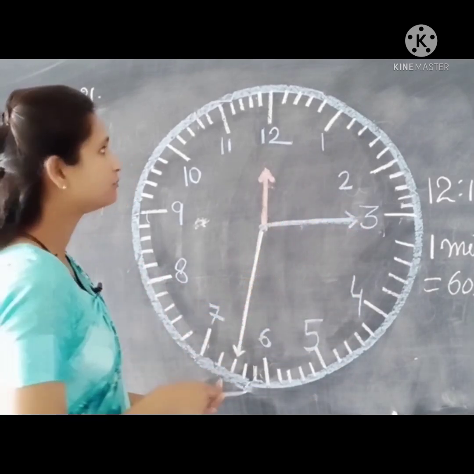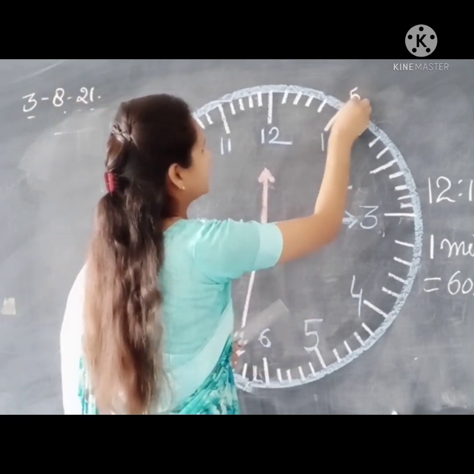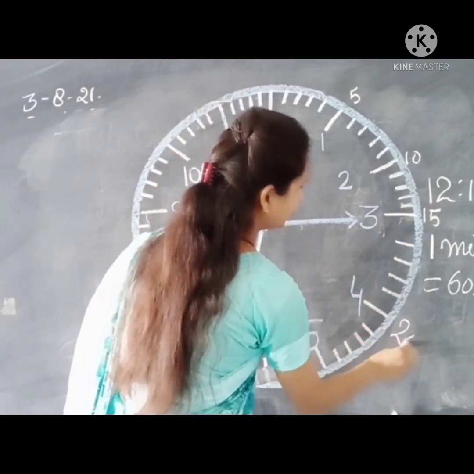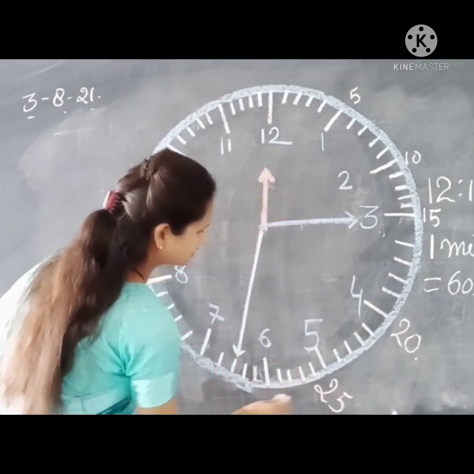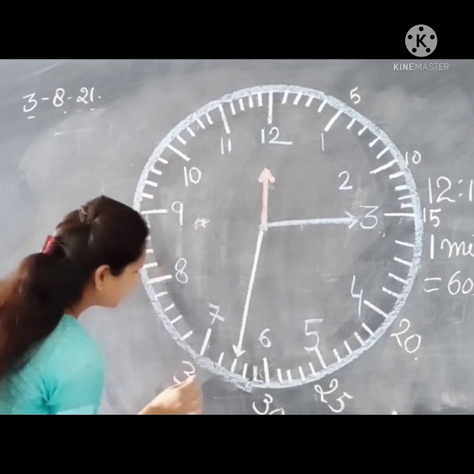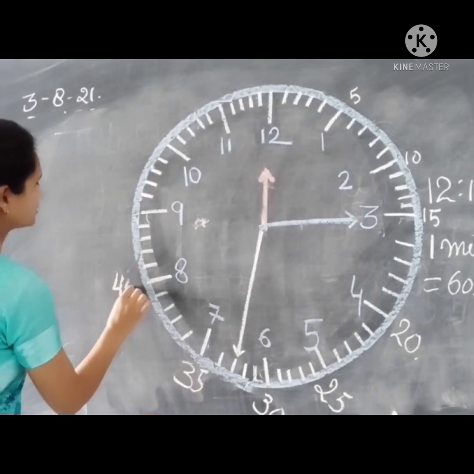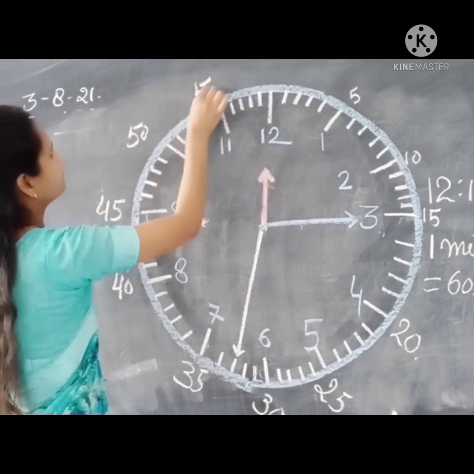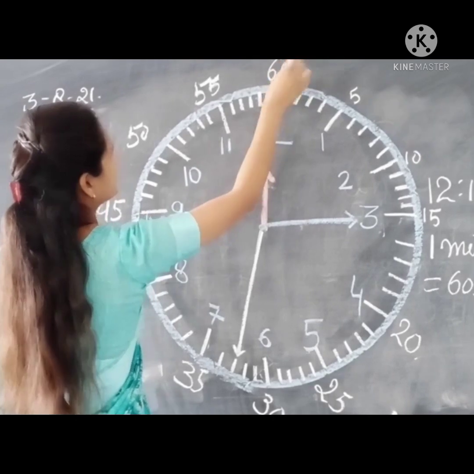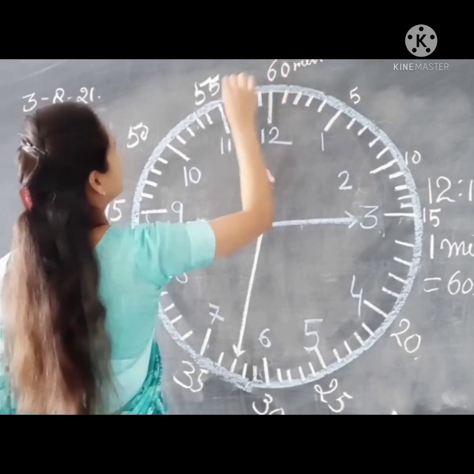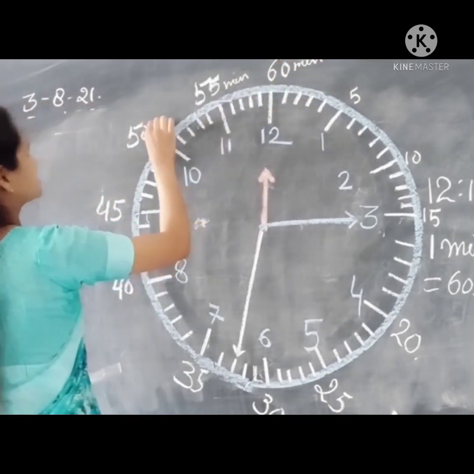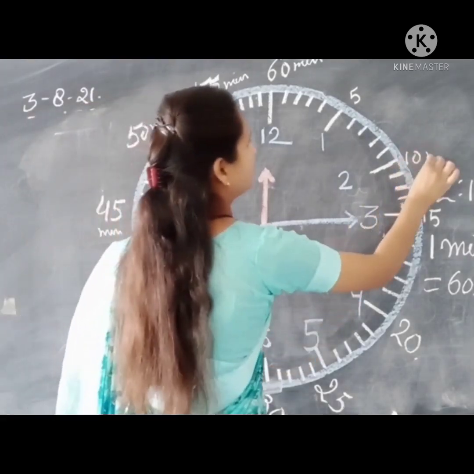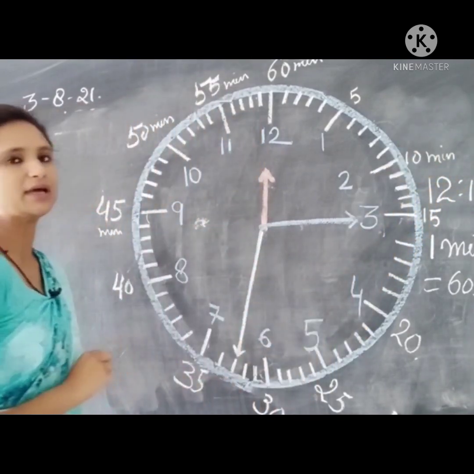These are minutes: 1, 5, 10, 15, 20, 25, 30, 35, 40, 45, 50, 55 and 60. We count them as minutes. This is 50 minutes, this is 45 minutes, this is 10 minutes.